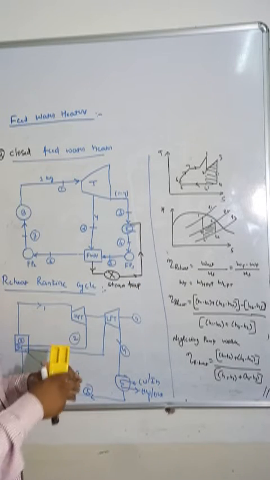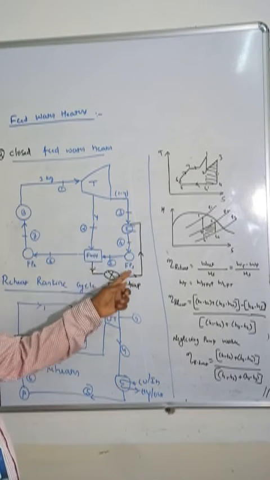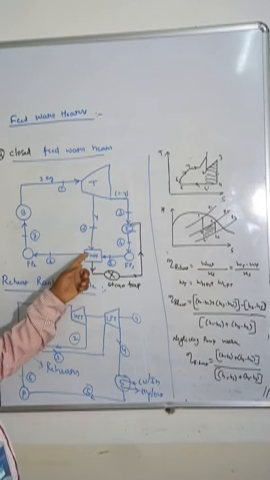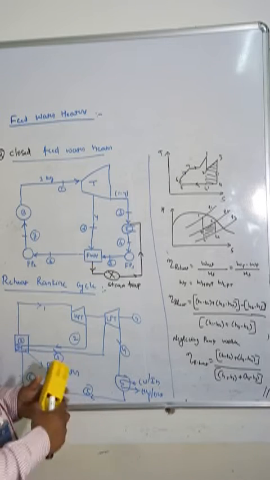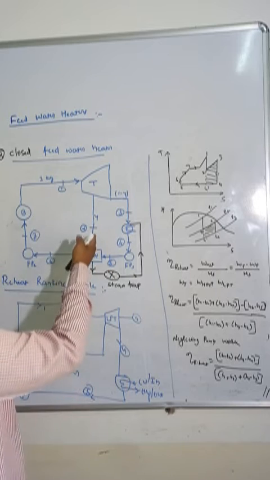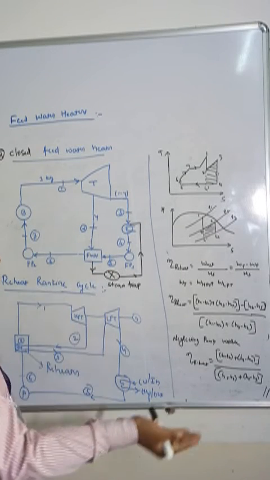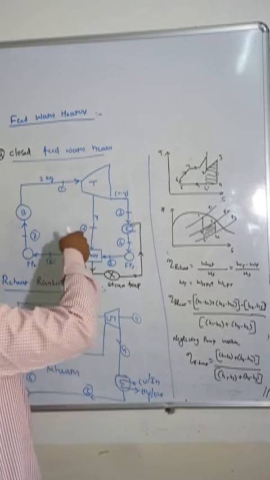What was happening in the open feed water heater? Directly this liquid was entering and the steam was exchanging heat here, and we assumed the steam completely supplied its temperature to that water and converted into water.